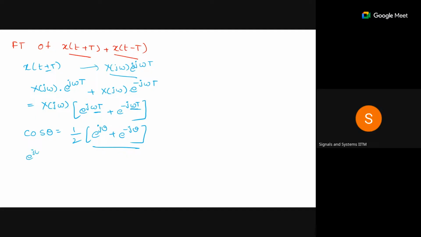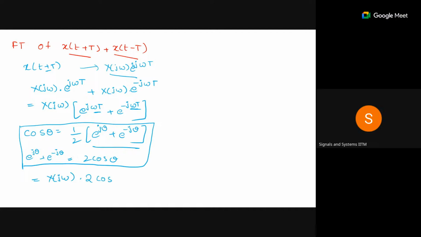So e power j omega t plus e power minus j omega t will be 2 times of cos omega t. So I am substituting this here. So then it will be x of j omega into 2 times of cos omega t.